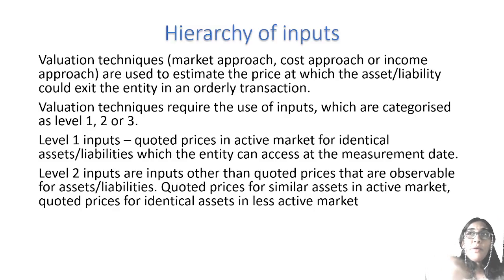The location, as in east facing, west facing, south facing, may differ. In that case, you will have to adjust the valuation based on these adjustments, or the locations, you can say, which are item specific. So here, to some extent, you are using your judgment. You are comparing it with similar assets in an active market, right?